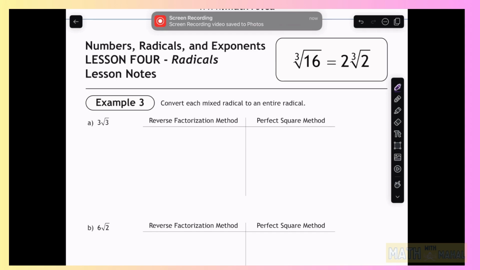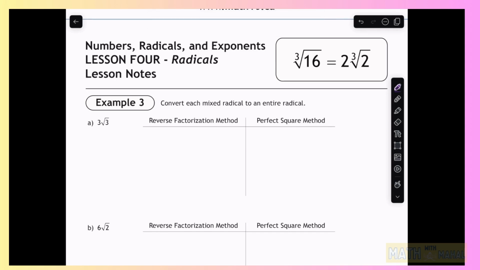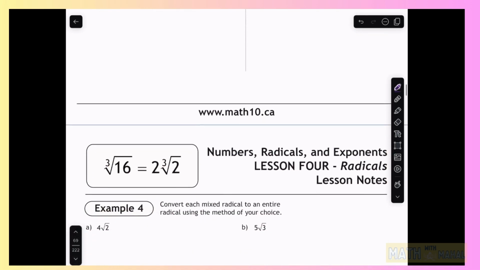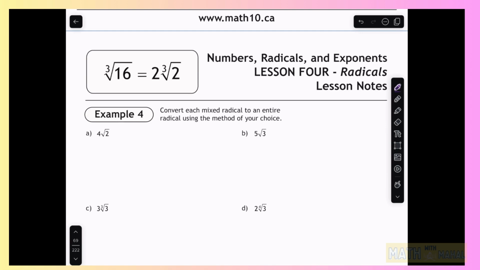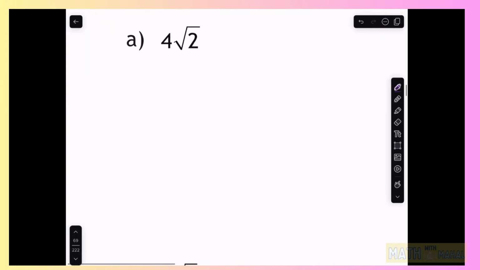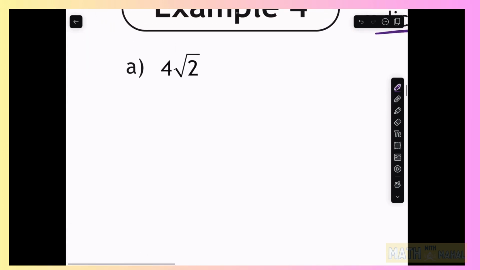All right, so what I'm going to do is jump ahead from the comparisons and just show you a method that works really well to help convert the mixed radicals into an entire radical. So what we want to do is be clear that we know our index number is a 2. And we know that because, like I said earlier, it's kind of like a hidden number, if you will.